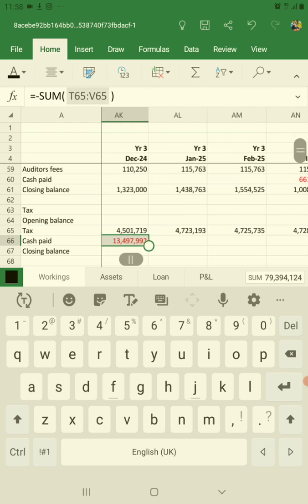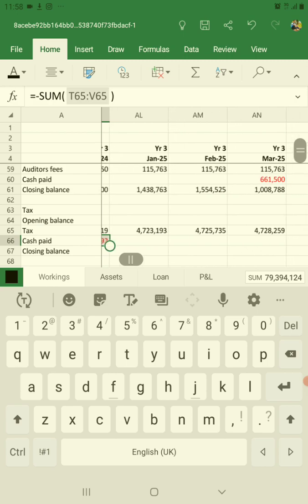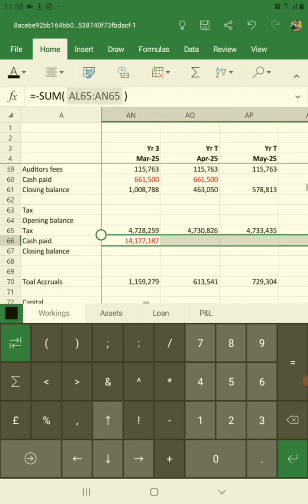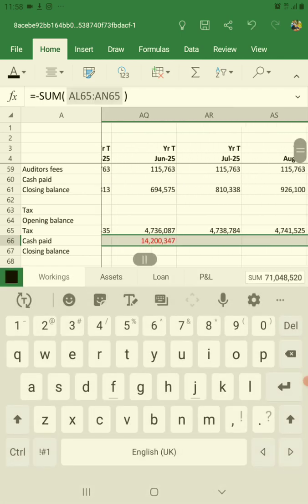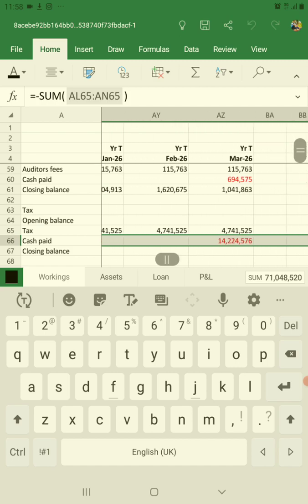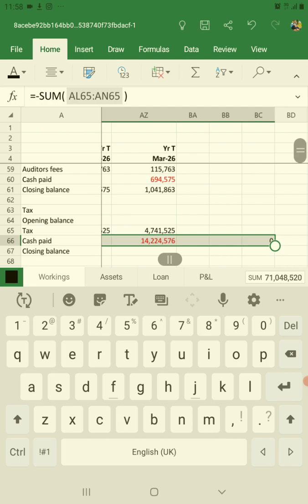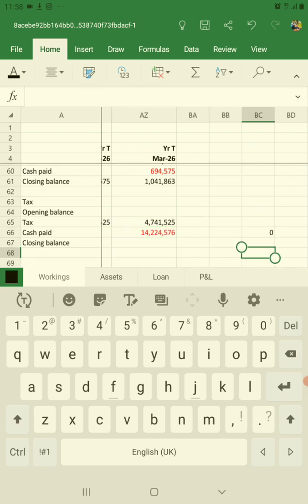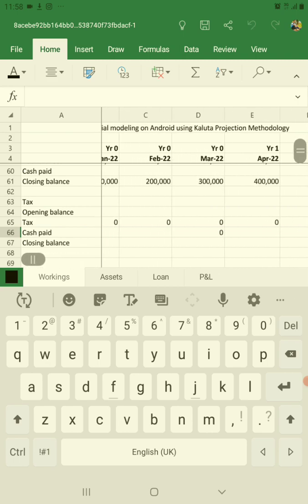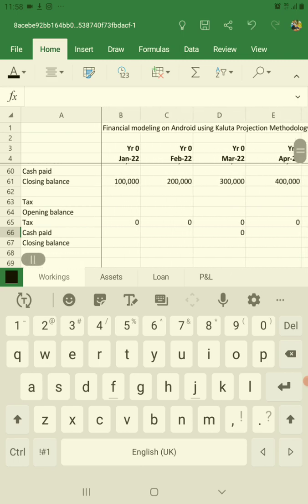So I can repeat to paste from March here, paste again, and that one will cover up to December, up to March, until the end. Okay, so we are done. Let me delete this one. We are done with the computation, with the projection for the tax cash payment.